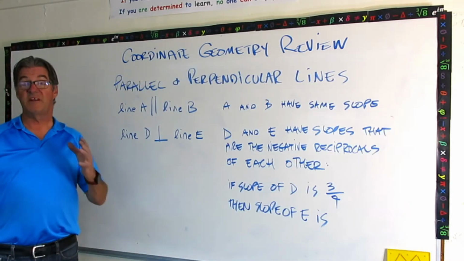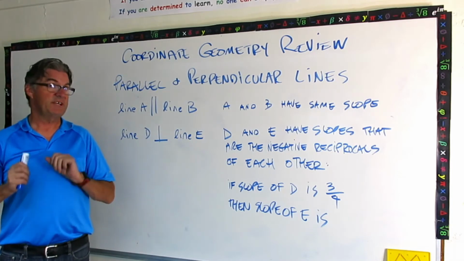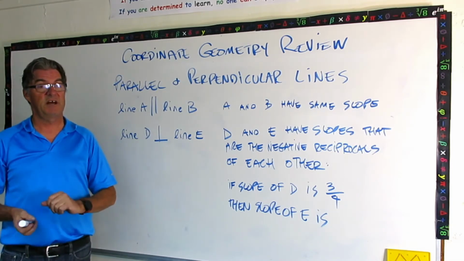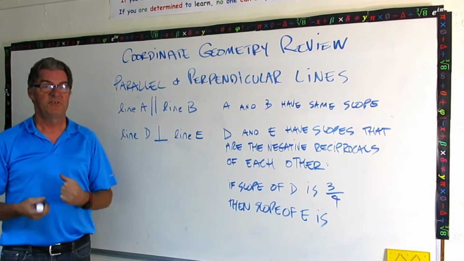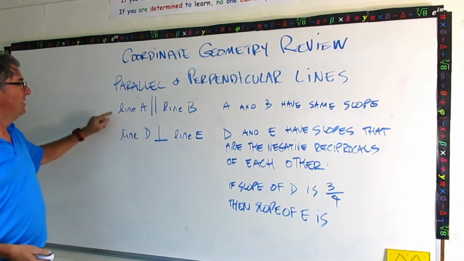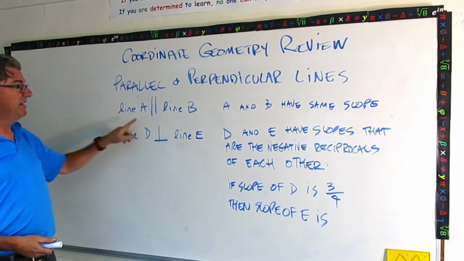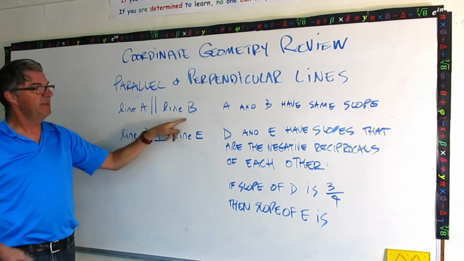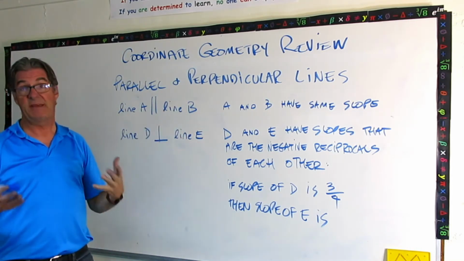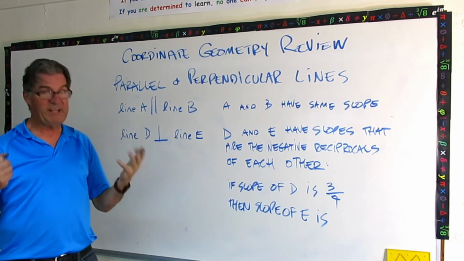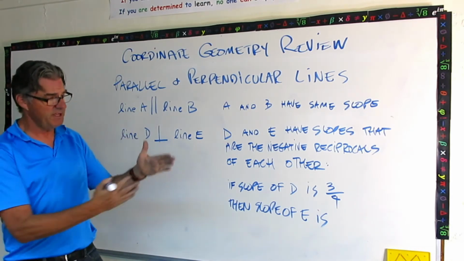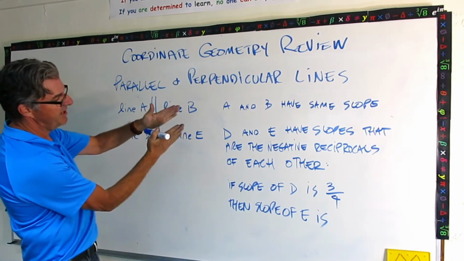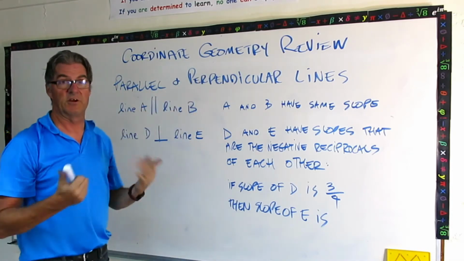Okay, before we moved on into line equations, we looked at parallel and perpendicular lines, and we looked at their slopes. So here's some definitions for you. If line A is parallel, this is the symbol for is parallel, to line B, then A and B have the same slope. Just pretty straightforward. Parallel lines never meet, so it makes sense that they have the same slope, because if this one has a little different slope, somewhere they're going to meet.